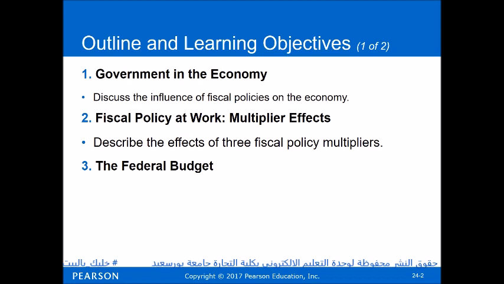Typically, the multipliers related to fiscal policy include the government expenditure or government purchases multiplier, the tax multiplier, and the so-called balanced budget multiplier. 3.